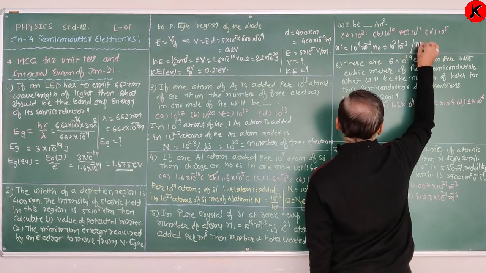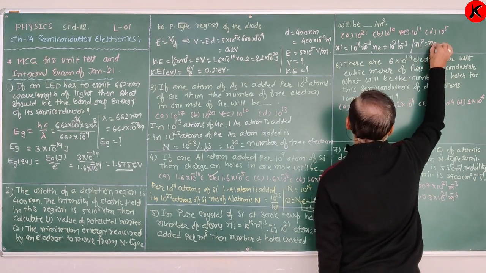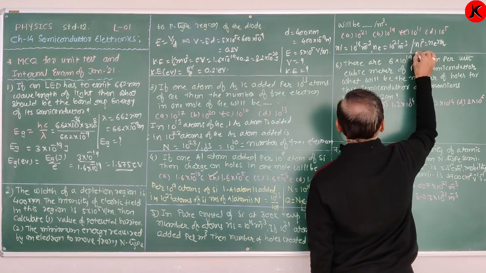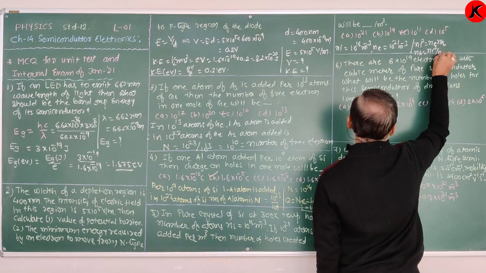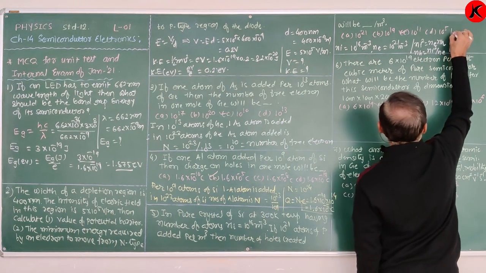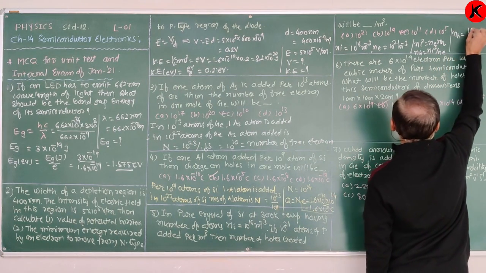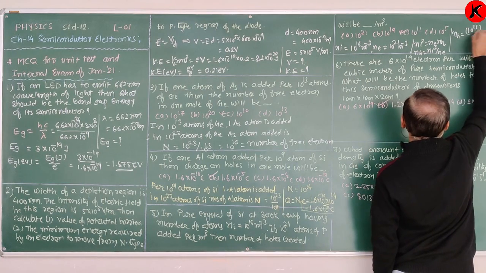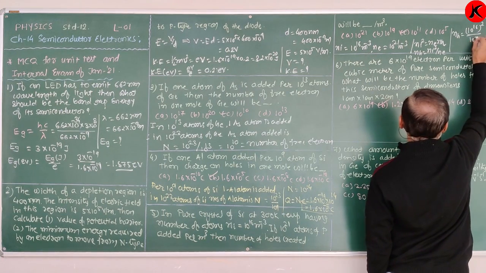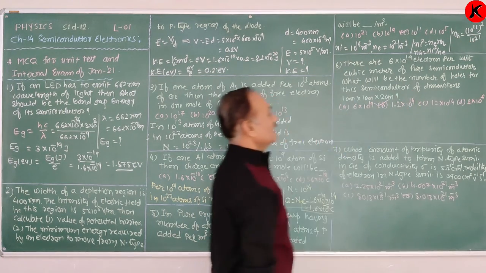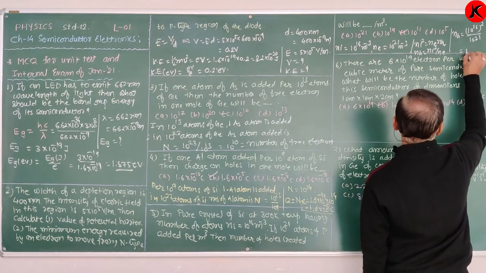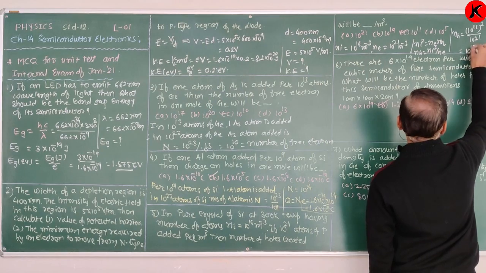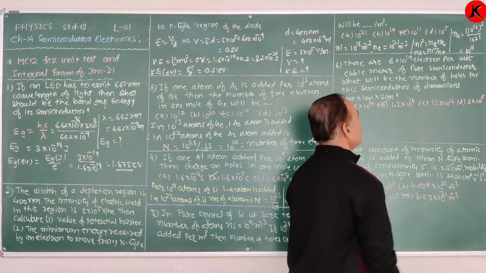Therefore, Ni square is equal to Ne into Nh. Therefore, Nh is equal to Ni square upon Ne. Therefore, Nh is equal to (10^16) whole square upon 10^21. Therefore, the number of holes per unit volume is 10^11 per meter cube.